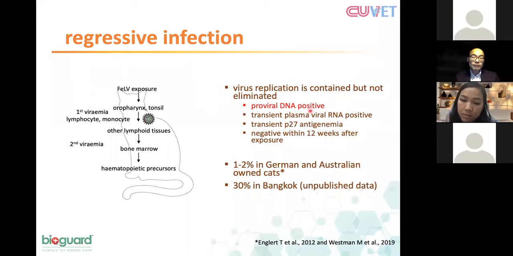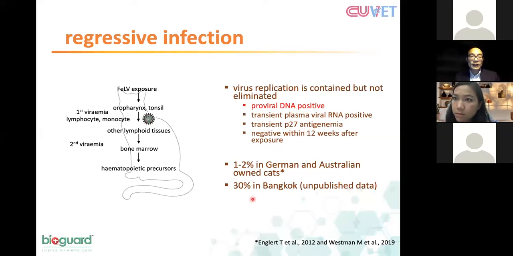However, plasma viral RNA or p27 antigenemia will only be detectable for about 4 to 12 weeks after infection because the viral replication is contained. So you can no longer detect the antigen of the virus or the viral RNA of newly synthesized virions. The only means to detect these regressively infected cats is by detection of proviral DNA in the genome of the cell.